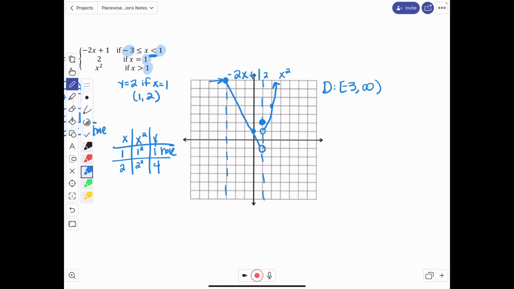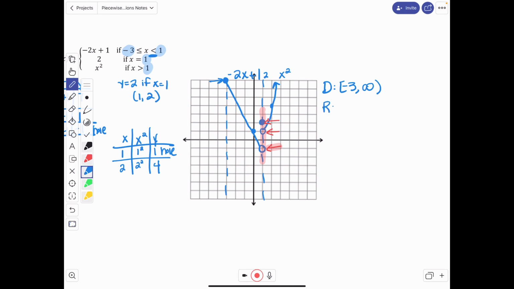Now, even though there's a hole here and there's a hole here, I do have a point at the value of 1 there. So that means I do have an X value there. So I'm good to say that I have an X value everywhere. From -3 to infinity, there's an X value that exists everywhere. So that's why I can say domain is from -3 to infinity.